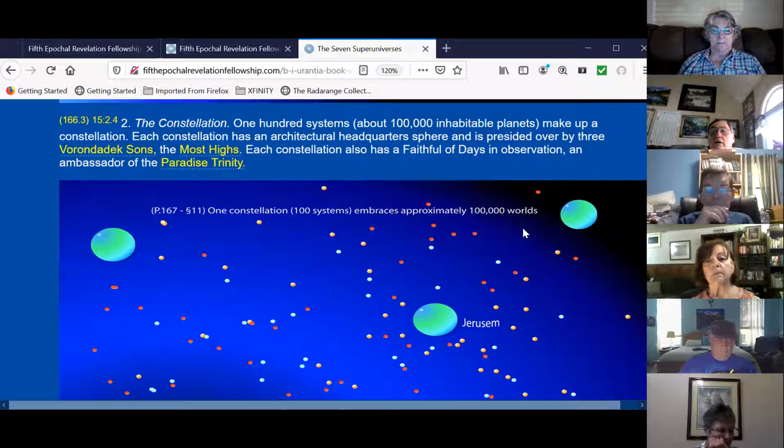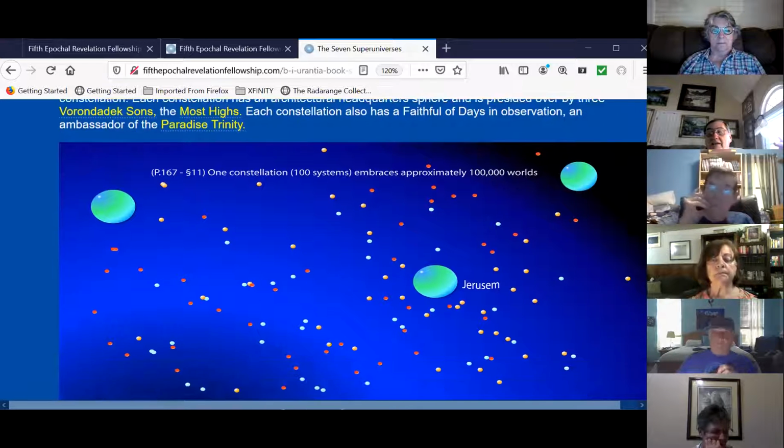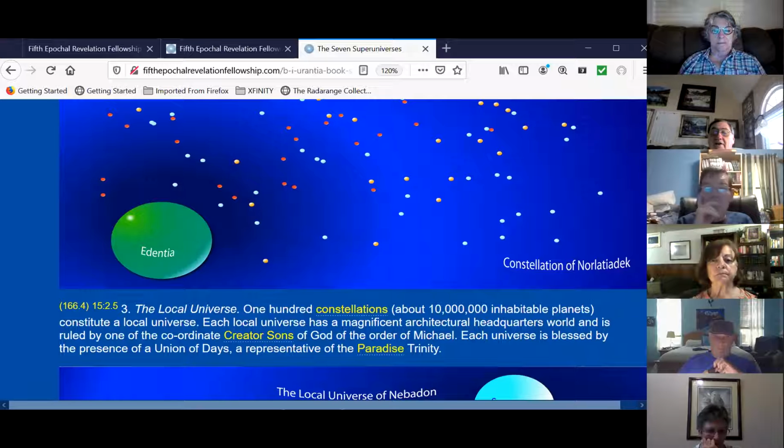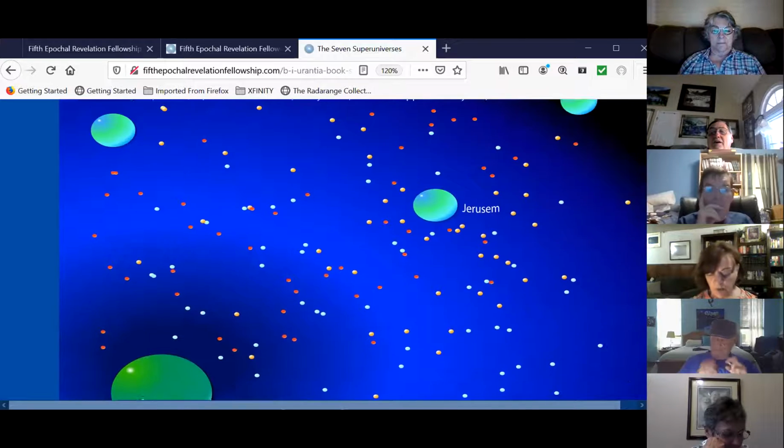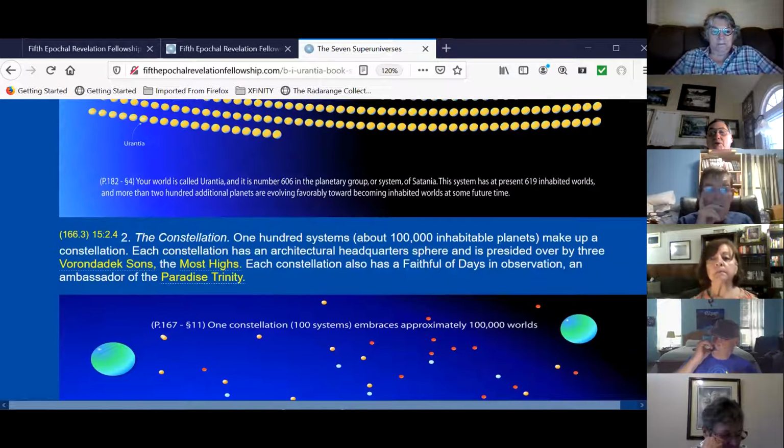Now, notice here it says 100 of the first things we talked about, 100 of the systems, which is about 100,000 inhabited planets, make up a constellation. Now we're going to find out in the next little paragraph down here how many constellations, which is 100, make up a local universe, right? It just builds upon itself.